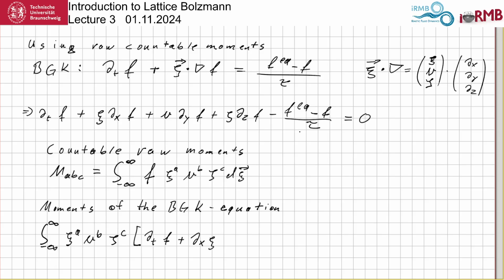It doesn't matter whether the xi is in front or inside the derivative, because it's linear. Then dy upsilon f plus dz zeta f minus f equilibrium minus f divided by tau. This entire thing integrated over the vector xi, and if you integrate over 0, we get 0 everywhere.